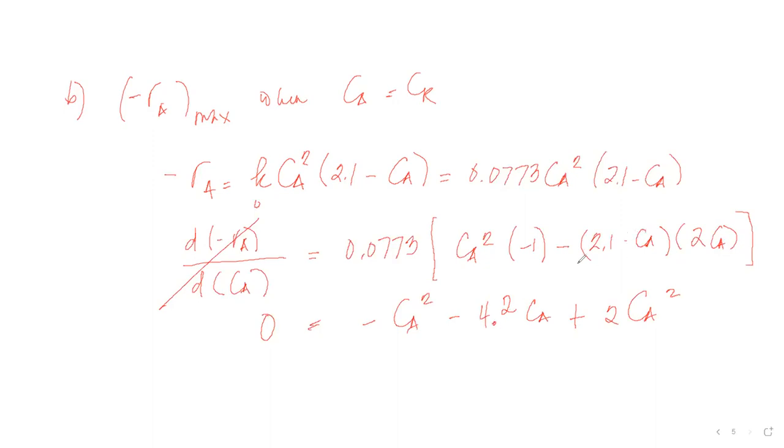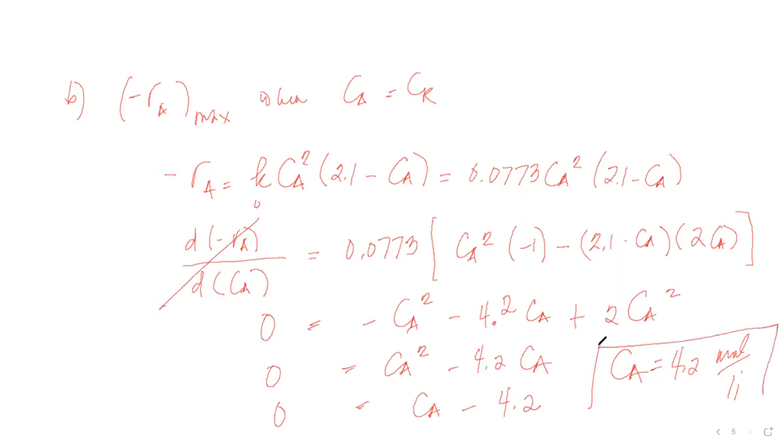This one is plus, correct. So you have now 0 is equal to C sub A squared minus 4.2 CA, or 0 is equal to CA times (CA minus 4.2). So the concentration is 4.2 moles per liter when rate is maximum.